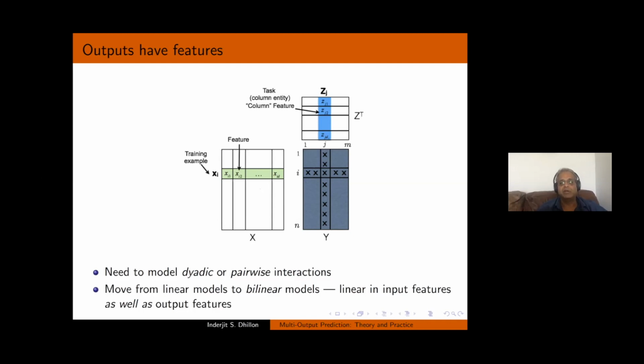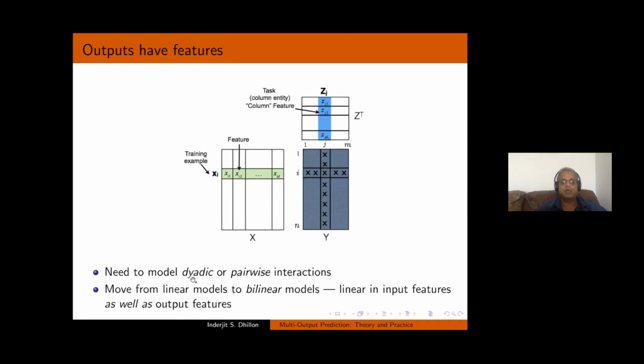For ease of exposition right now, we'll just assume that they are both in the same high dimensionality. So now what you may actually want to do is prediction for not only a new input, but also possibly a new output, right?